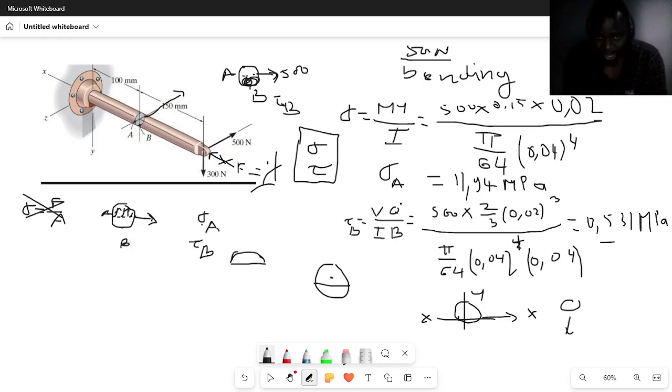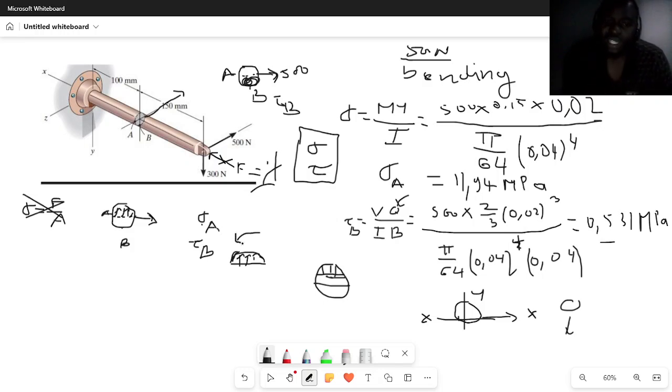If you remember how we calculated Q, 4r over 3 pi. Because of that, it is that portion left there where we show the stress. That is the reason when you check your solution, it is simply a part of a circle going up with stress like this. This is how we represent it. So basically, the force at A is causing bending at A, but it is causing shear at B, and this is the representation of the shear.